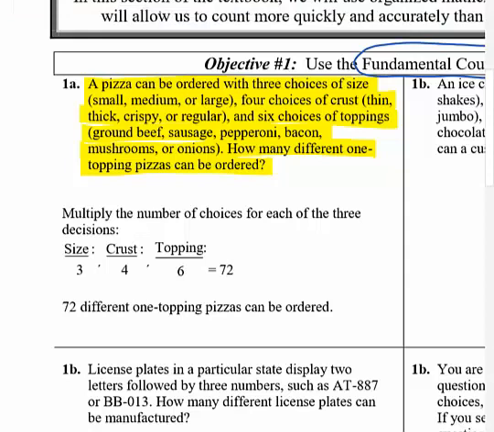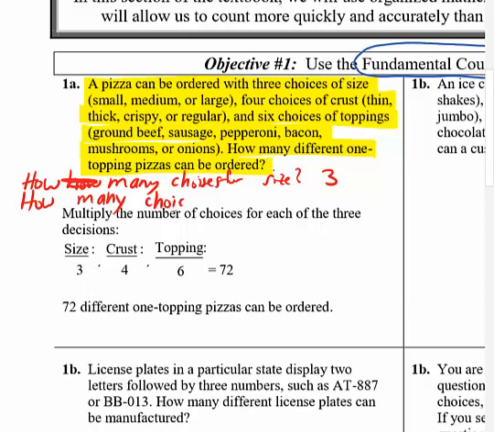So what you do is think, how many choices are there for the first choice we had to make, the size of the pizza? There was small, medium, and large, so 3 choices. Then how many choices for the next choice? Types of crust.